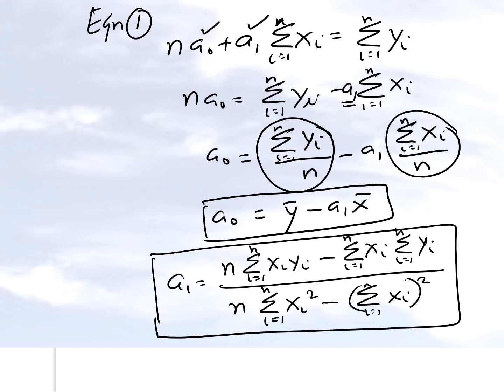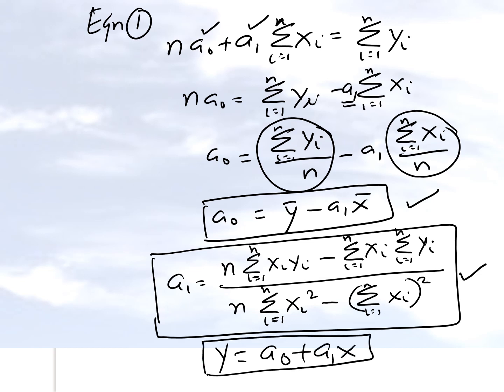So we can find a1 and then we can find a0, and that's what gives us the best fit model. But that's not the end of it, because the only thing which we have done is the first derivative, taking partial derivatives with respect to a0 and a1 of SR, and put that equal to 0, and we got a single solution to the problem.